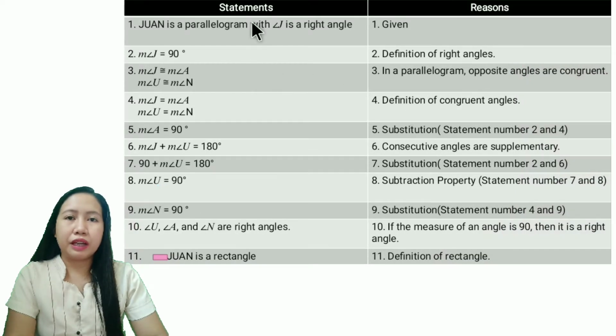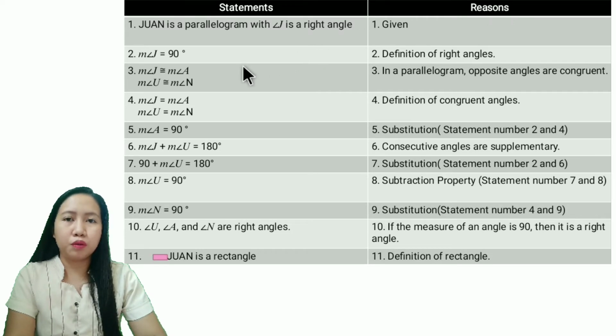We have here the statements and the reasons on how to prove the given problem. In number 1, JUAN is a parallelogram with angle J is a right angle. Reason: that is given. Number 2, measure of angle J is equal to 90 degrees.